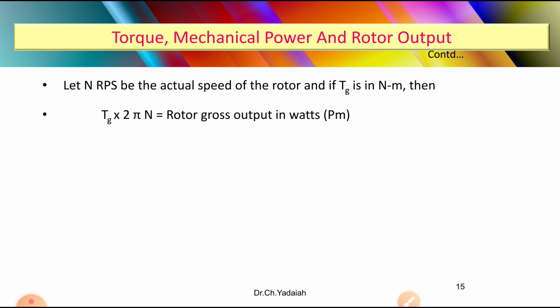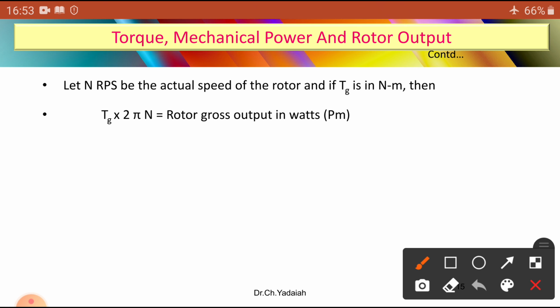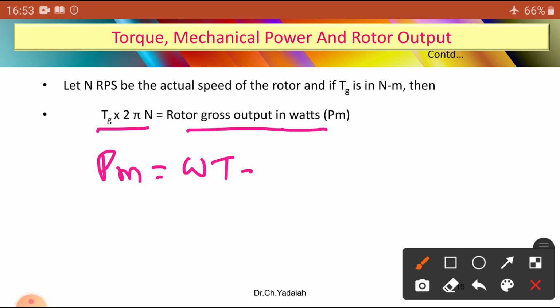Tg into omega is equal to the rotor gross output in watts, PM. As you already know from the figure, torque into omega is equal to PM, the gross power. So this is the equation.